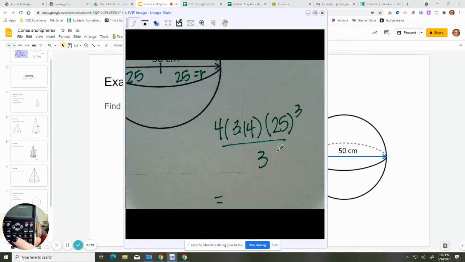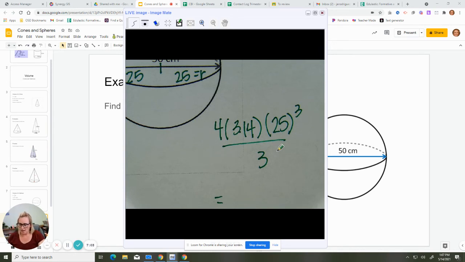A lot of times you'll have this button right here. I guess it is a little bit blurry. It says x to a box. That means I can type that and put any number in there. So I would type that in and put 25 and then to the third. And so then it shows up as 25 to the third. If you're not sure where that button is on your calculator, you can just let me know and I can help you find it.